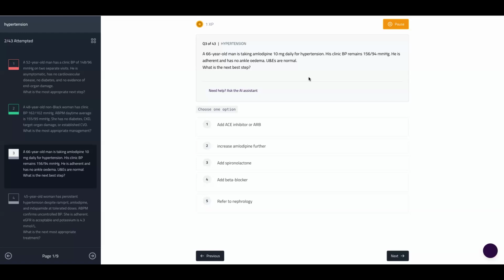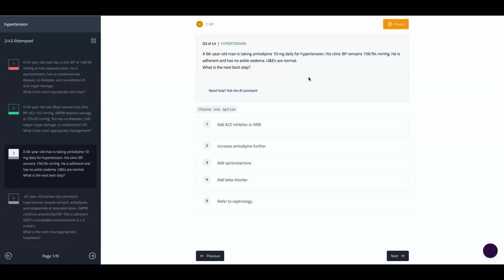Clinic blood pressure is high. He is adherent and has no ankle edema. Urea and electrolytes are normal, and he's taking amlodipine. The blood pressure is 156 over 94. Is it at target or not? Above the target, that means not controlled. Yes, you need to add.